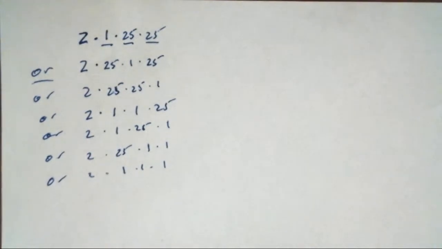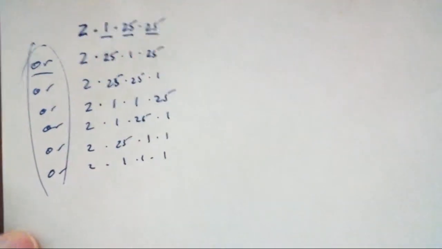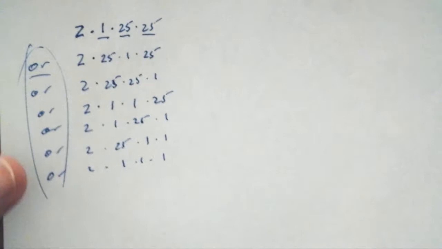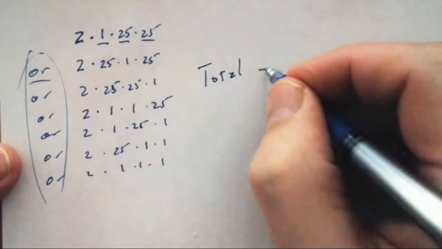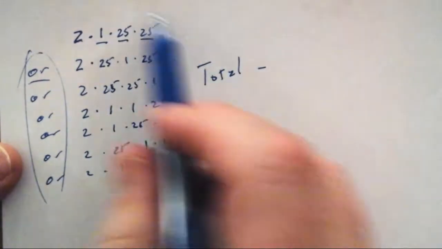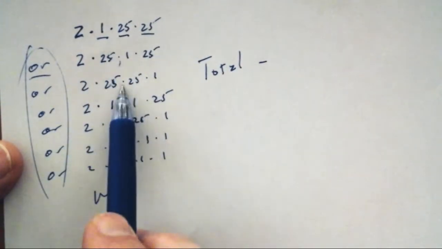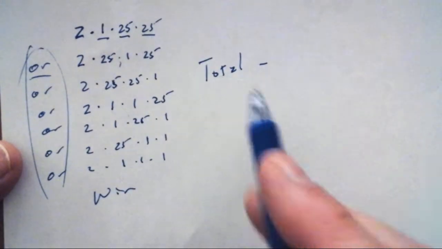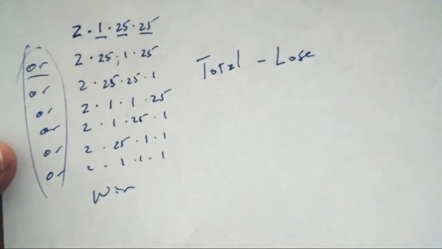Now, an important probability and counting strategy, a really important one. The more times you find yourself saying, hey, we could do it this way or this way or this way, the more you should consider the total. If we consider it a win, these are all the ways I could win. We could take the total number of ways things could happen minus the ways I lose. How would we lose in this scenario?